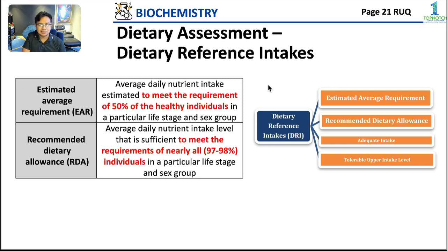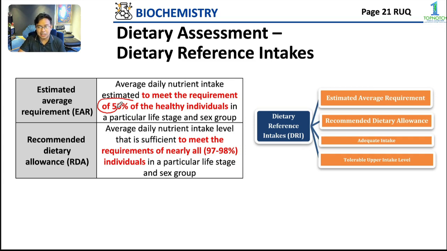EAR stands for Estimated Average Requirement, refers to the average daily nutrient intake estimated to meet the requirement of 50% of the healthy population. While RDA naman is the average daily nutrient intake level to meet the requirement of 97-98% of the healthy population.